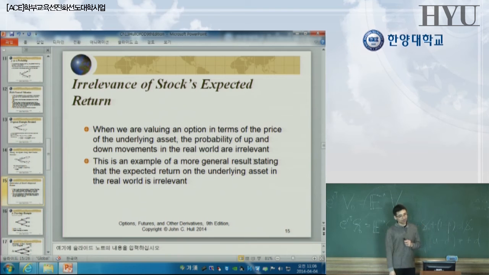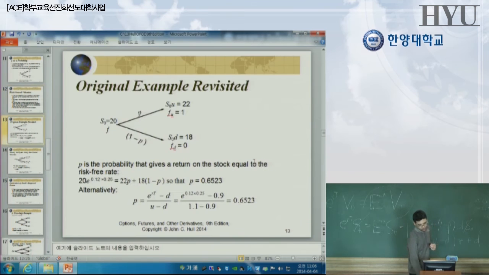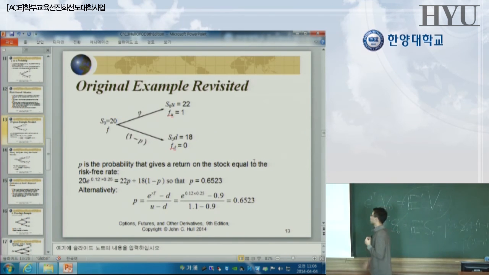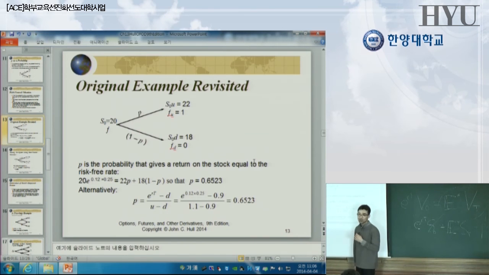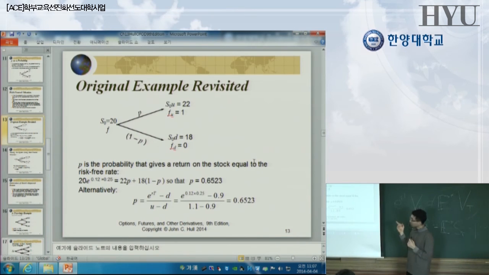So, the irrelevance of the stock's expected return. Until now, we calculated P this way. We assume that we are in a risk neutral world, and we get the price in the risk neutral world. P should be this one. Then, how about the real probability? This is the probability that would hold in the hypothetical world. But how about the real probability in the real world?